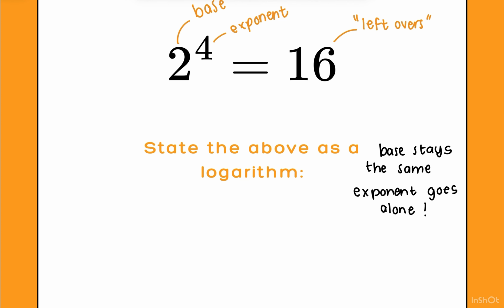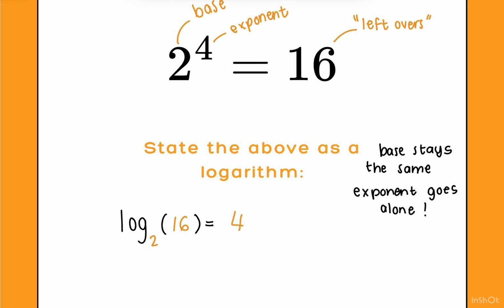So now we're just going to change it. As I stated, we want to change it to log form. The base stays the same. And what did I say we do to the exponent? The exponent goes alone, so it goes on the other side of the equal sign. And whatever is left over, that is what you then put into your brackets.